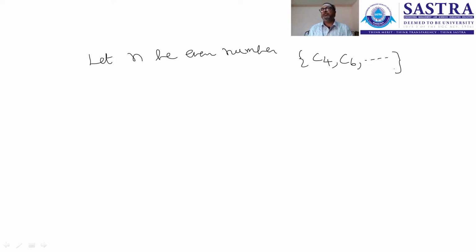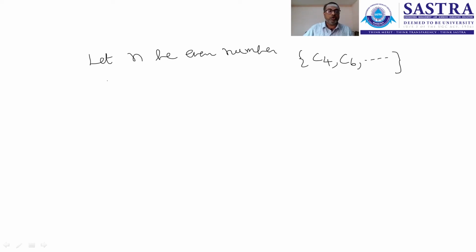Okay, so now let n be an even number. We will be calculating the edge chromatic number for cycles C4, C6 and so on. This will be the first step: I find the edge chromatic number for an even cycle.